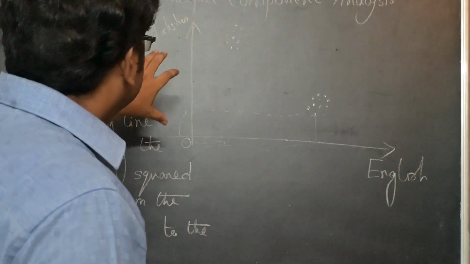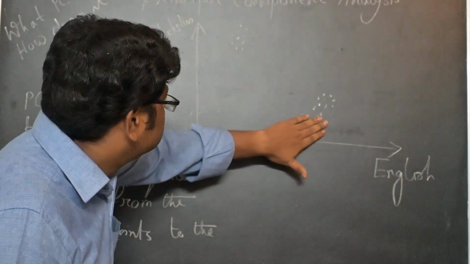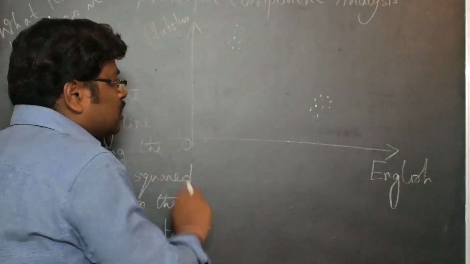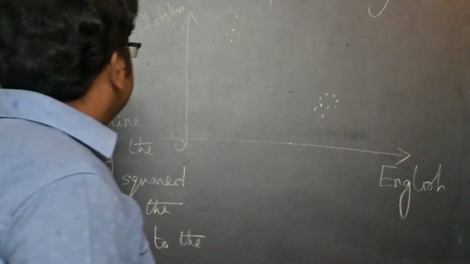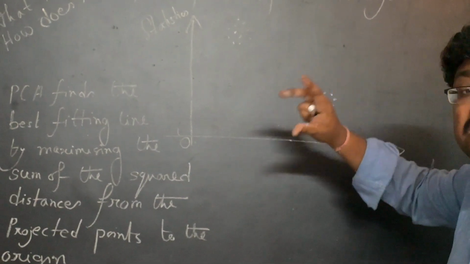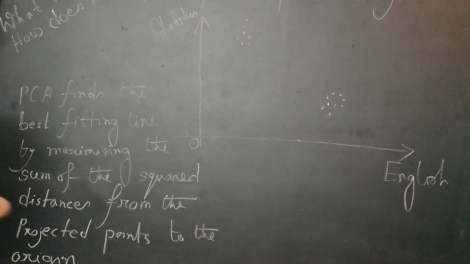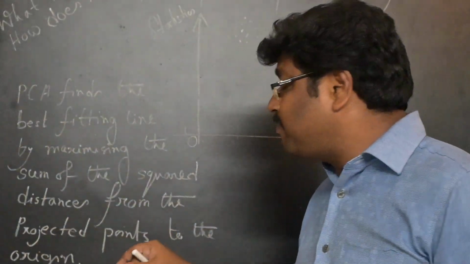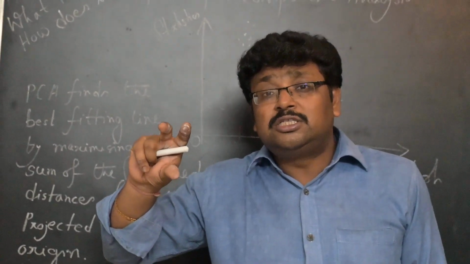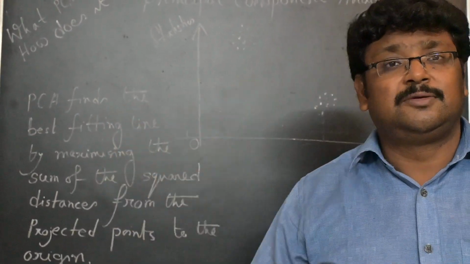Now, so this is the thing. Now, what I am doing, actually, principal component analysis finds the best fitting line by maximizing the sum of squared distances from the projected points to the origin. This is actually what the principal component analysis does.